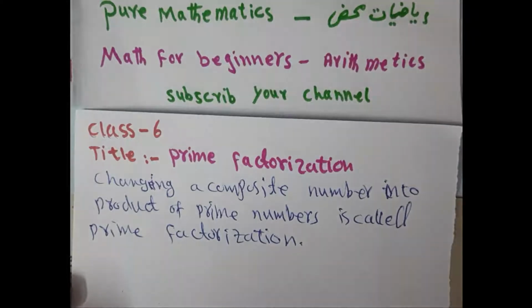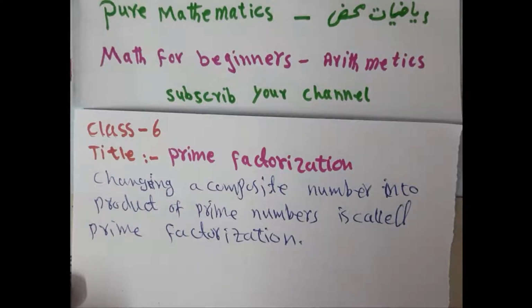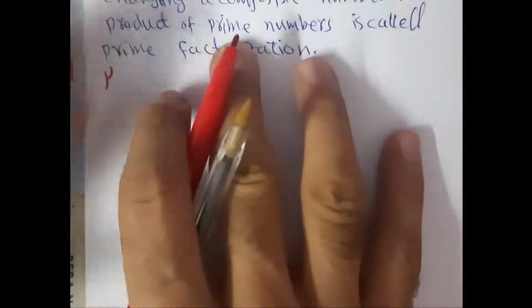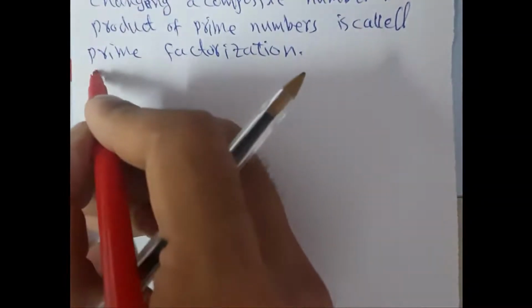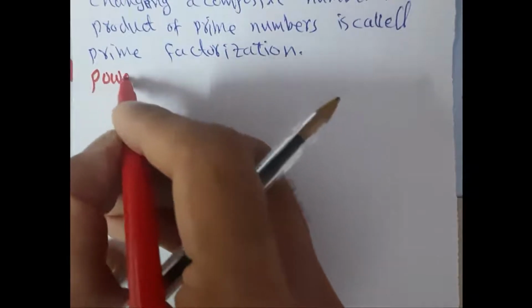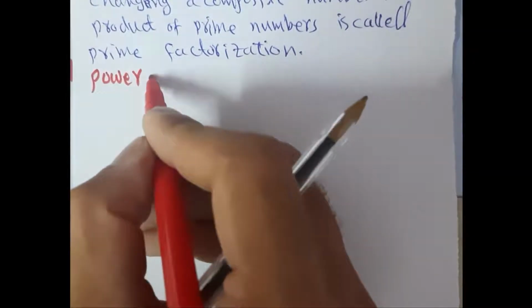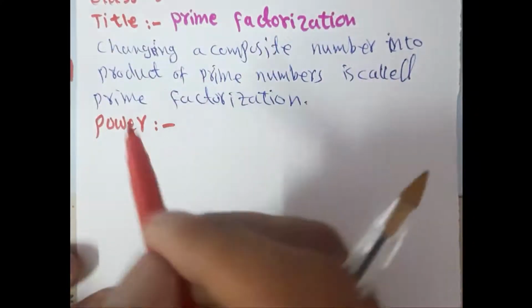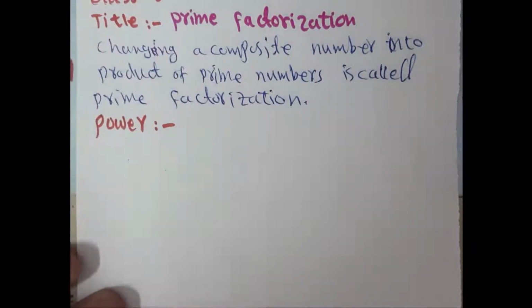Before explaining the methods of factoring a composite number into a product of prime numbers, we want to explain the power of a number. Because it is necessary when we explain prime factorization, we have to know a little about power.